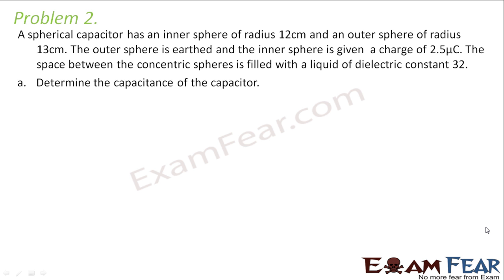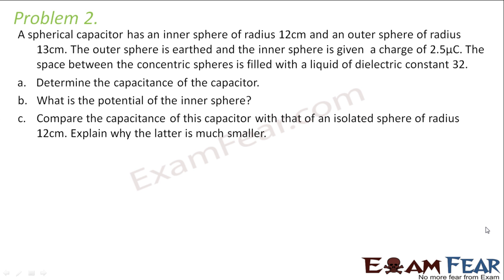So you have to calculate the capacitance of the capacitor and the potential of the inner sphere, as well as compare the capacitance of this capacitor with that of an isolated sphere of radius 12 centimeters. Okay, we will solve them later.